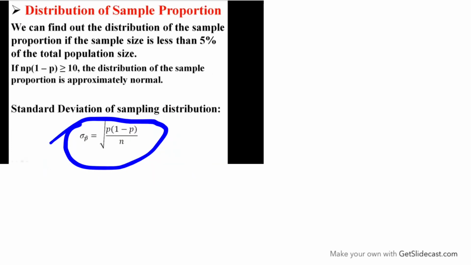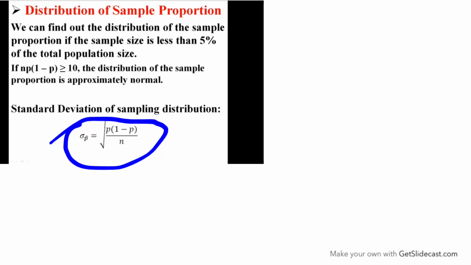If you talk about the distribution of sample proportions, we can find out that the distribution of a sample proportion applies if the sample size is less than 5% of the total population size.